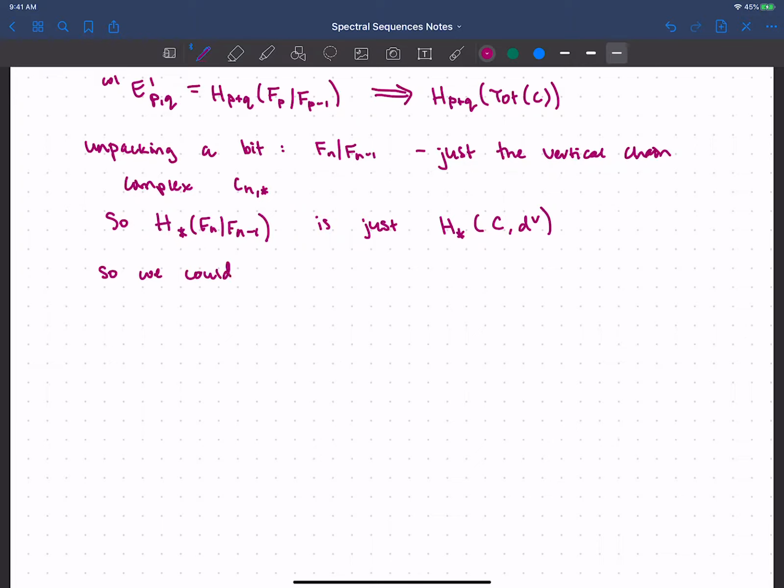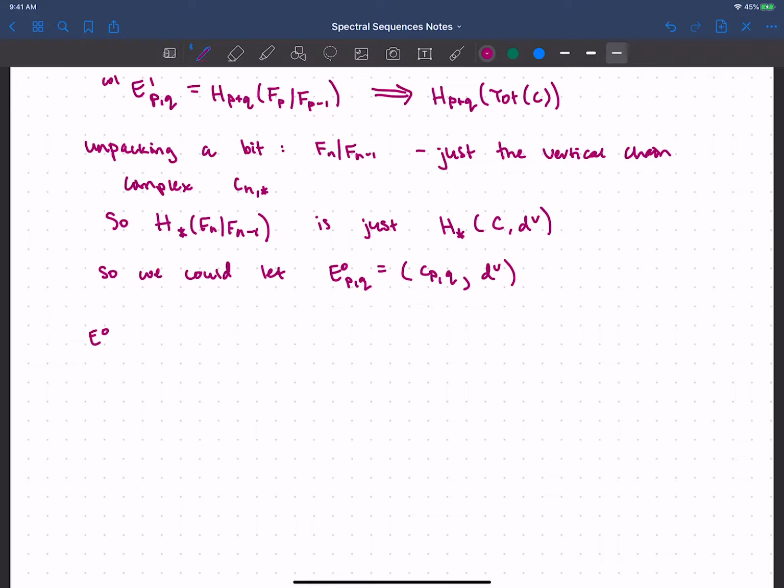So what we could do is just let E^0_{p,q} be C_{p,q} from our double complex, and then have our differential on the E0 page just be that vertical differential.